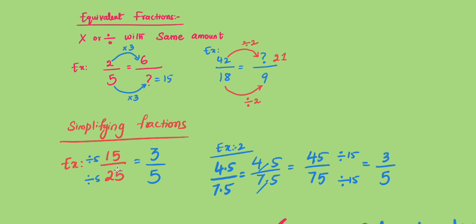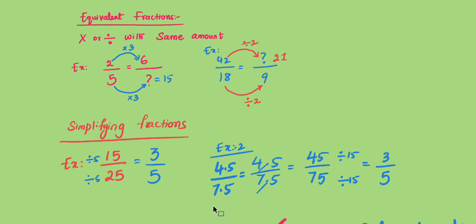So 15 and 25, these two numbers are divisible by 5. So I'm going to divide the numerator 15 by 5, and the denominator 25 by 5. As you can see, they both are from the fifth table. So 15 divided by 5 ends up being 3, and 25 divided by 5 ends up being 5.